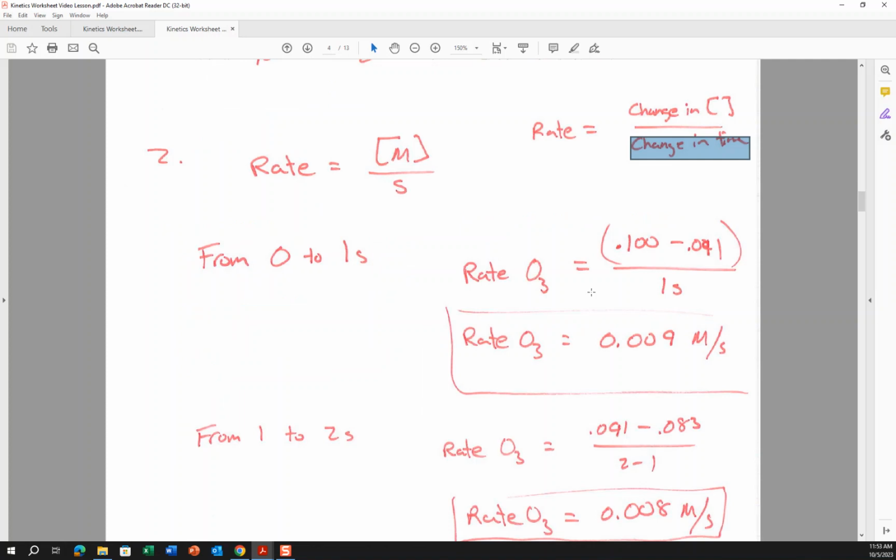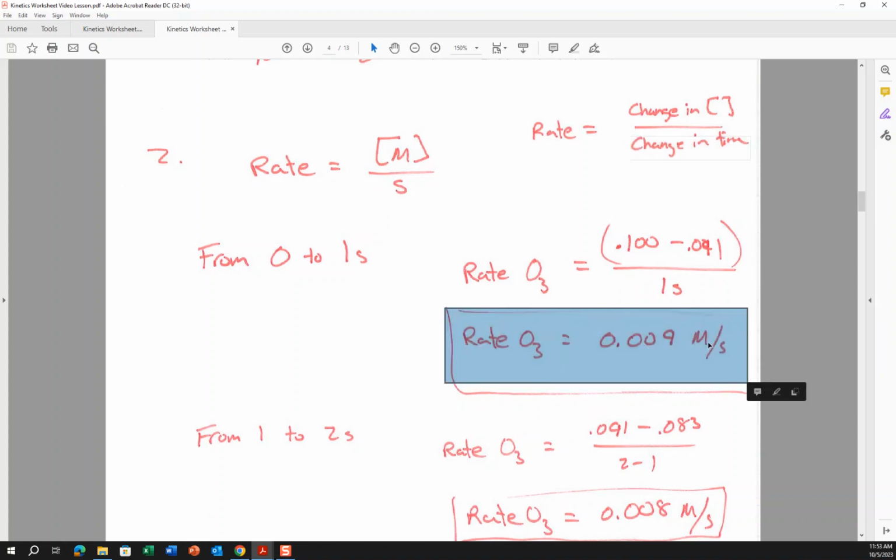Okay, so we go back to our work. I'm going to do the difference between 0 seconds and 1 second, and I'll divide it by the change in time, which is 1 second, and that comes out to be 0.009, and the units would be molarity per second. All right, so the rate of disappearance, this is how fast we're losing ozone between 0 and 1 seconds.